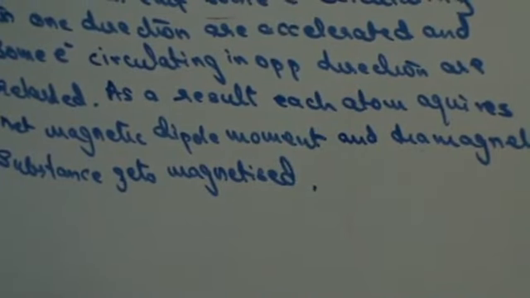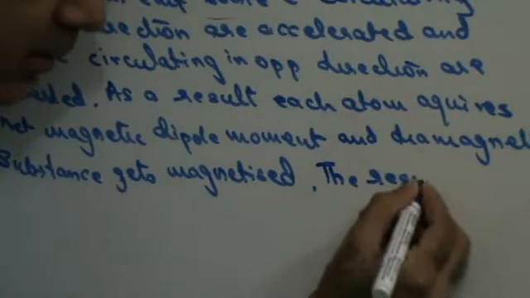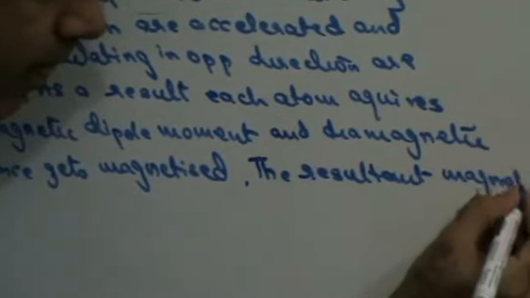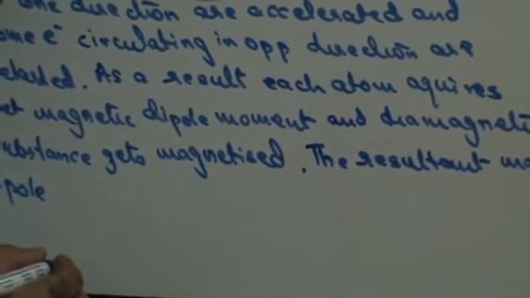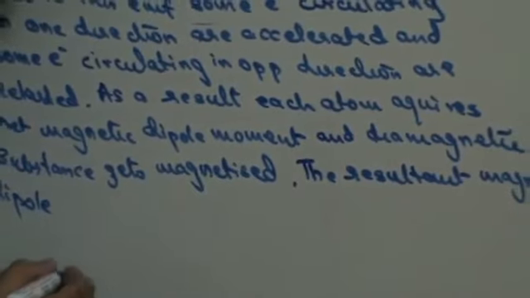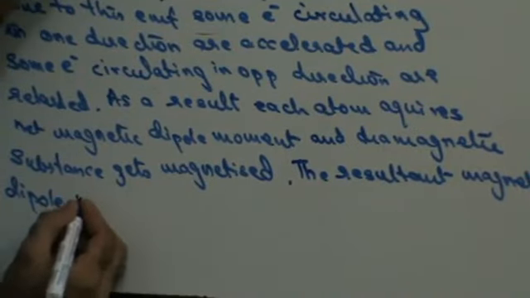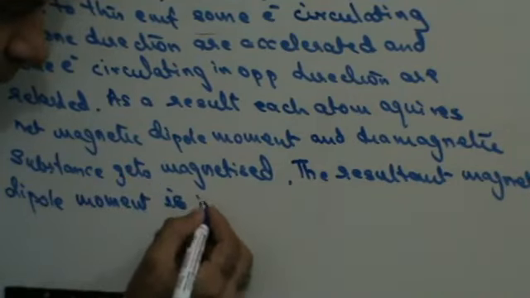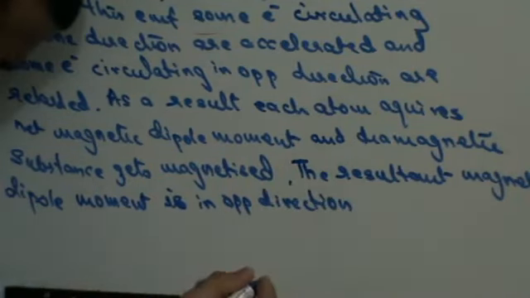Now, the resultant magnetic dipole moment that is going to be produced is in the opposite direction to the applied magnetic field.